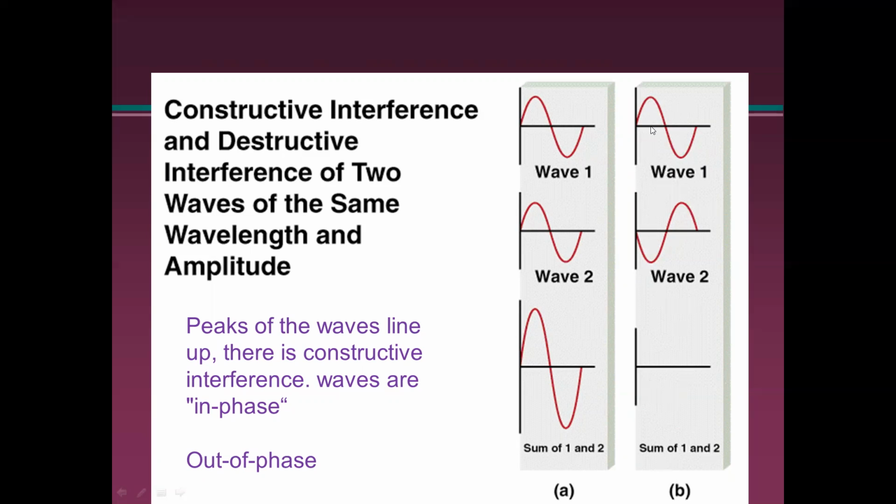For example, if this amplitude is 1, this amplitude is -1, so everywhere they cancel out. So basically you see nothing here. This way is called constructive, and this way is called destructive. It's understandable, right? These two waves are destructive, and this one is constructive.